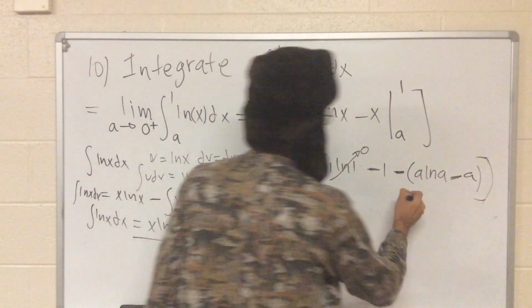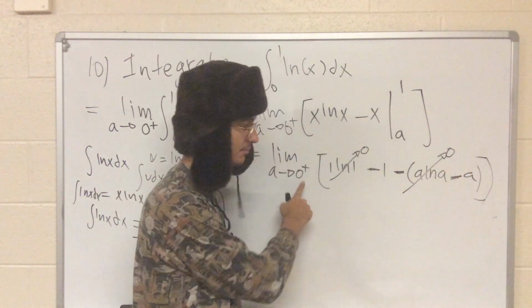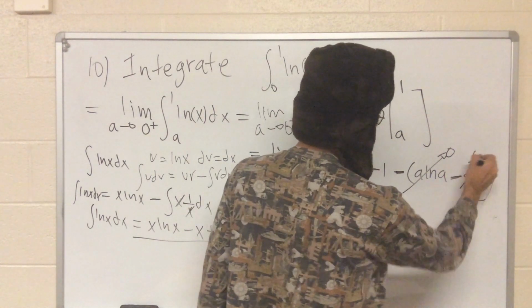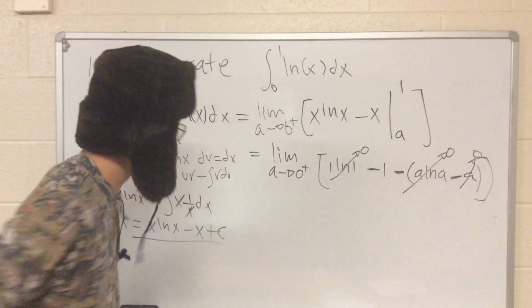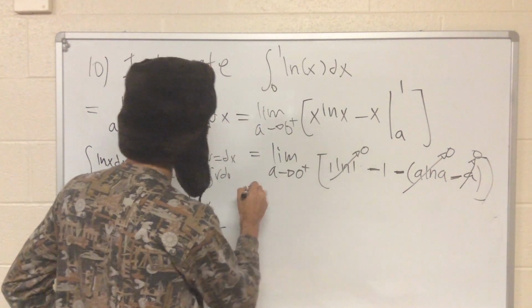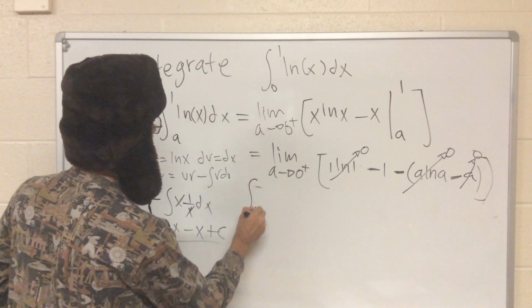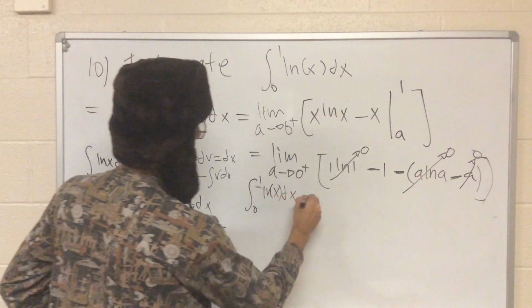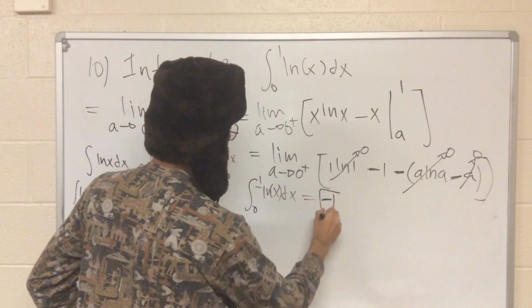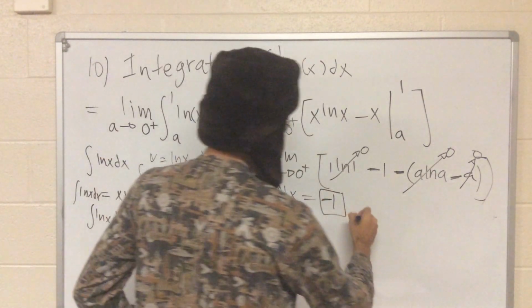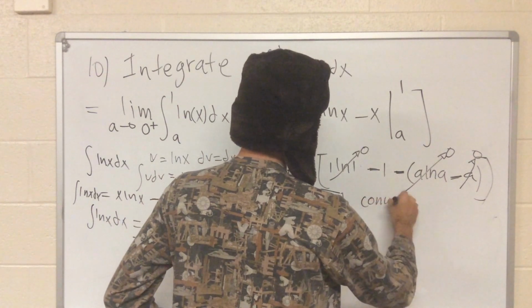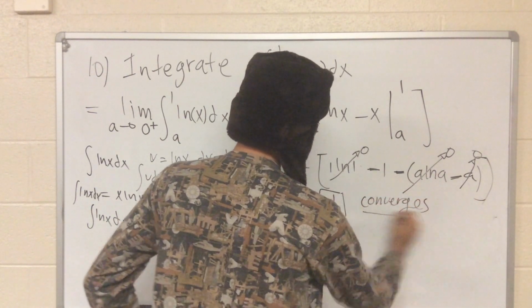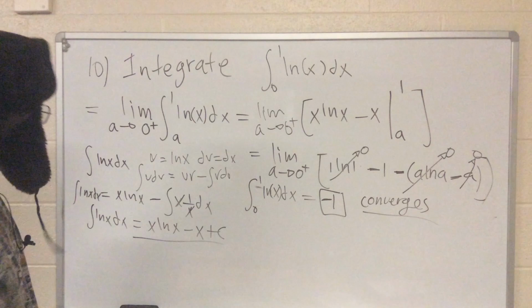So that dies out, and a is 0, so that just is 0. So we have that this integral, the integral from 0 to 1 of ln of x dx, is equal to negative 1. So that tells us that this converges. Okay, so that's it for question 10.